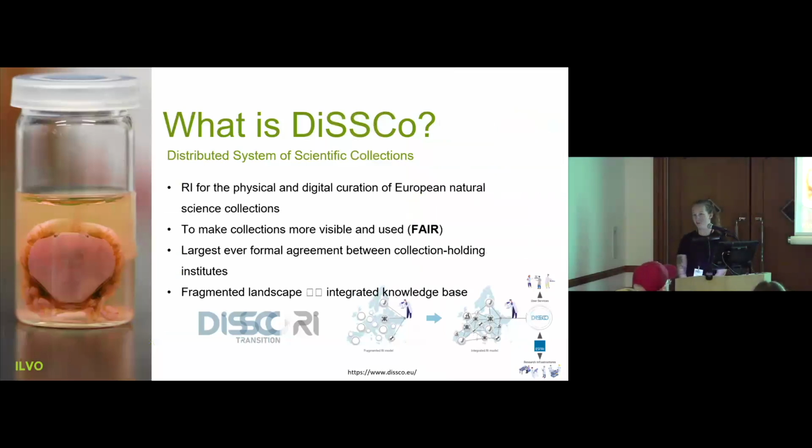First, let me introduce or reintroduce you to DISCO. It's a fun acronym for Distributed System of Scientific Collections. It's a European research infrastructure with the aim to digitally unify all European natural science collections to make the collections more visible and used. But to get there, all the collections need to become FAIR first.